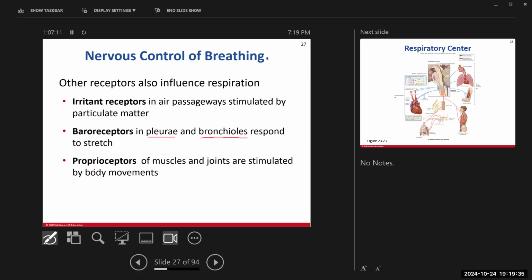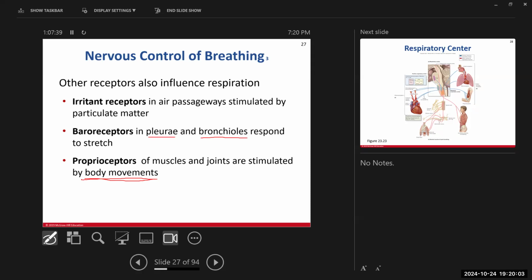And then finally, who would have thought, proprioceptors. You remember those receptors, also known as mechanoreceptors, that are located around your joints, in the muscles and the joint capsules there. When your body is moving, those receptors are stimulated. So think about it: is your body moving a lot right now? Not too much though, right? So those proprioceptors are not going to be as stimulated.